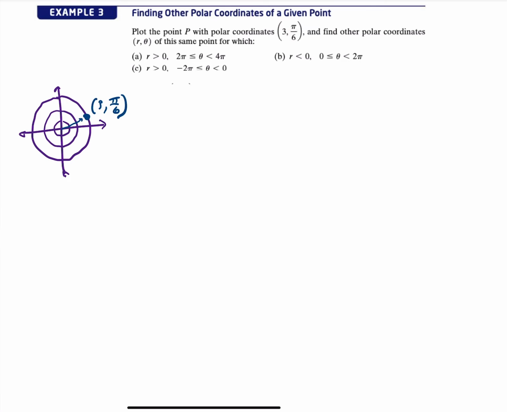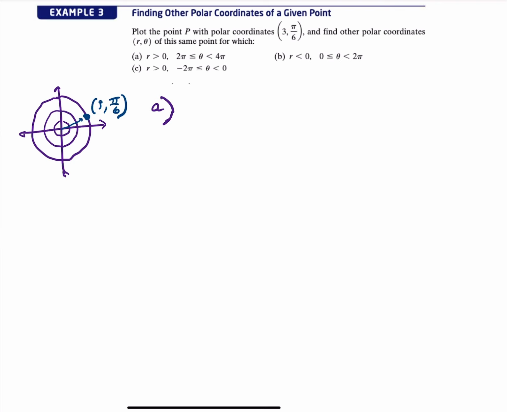In part A, it's asking us for r to be positive, and for theta to be between 2π and 4π, meaning we want the next coterminal angle with this. So if we travel another 2π distance, if we rotate again and come back to the same point, we can have another description of this point.